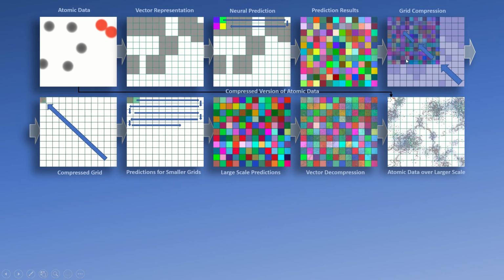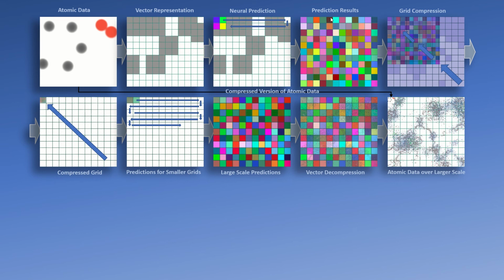Next, what we are going to do is compress that information, the results, into a smaller representation. All right, so we're going to be basically converting that prediction into a smaller representation, and we are going to do this by another neural network.